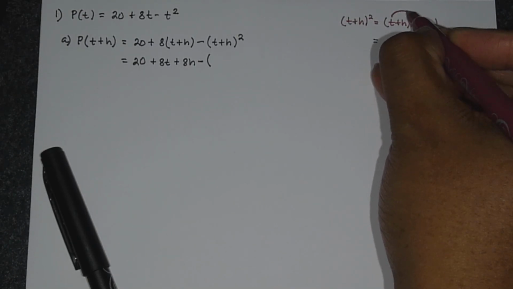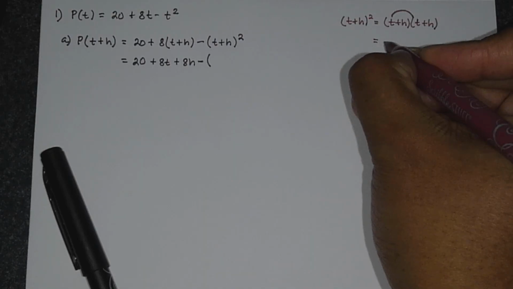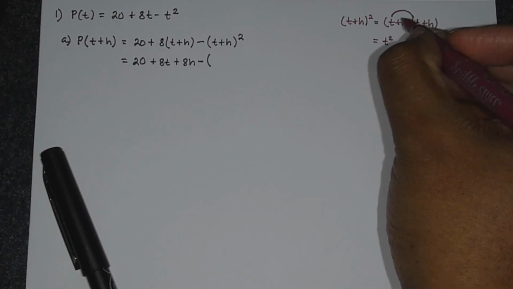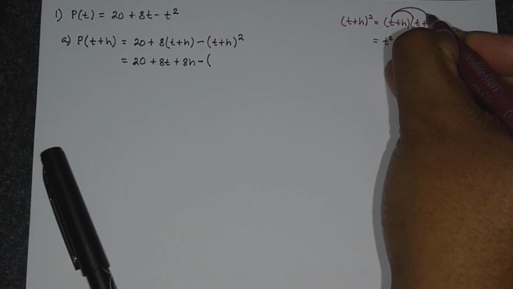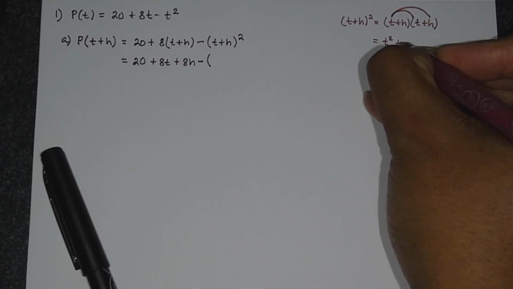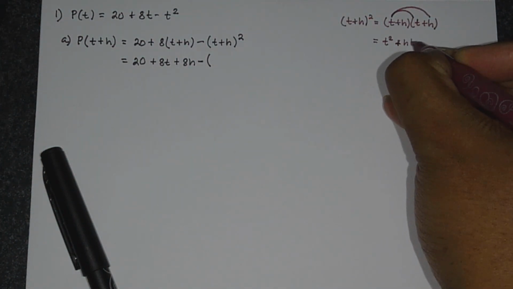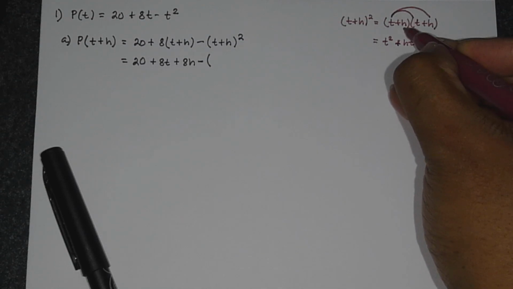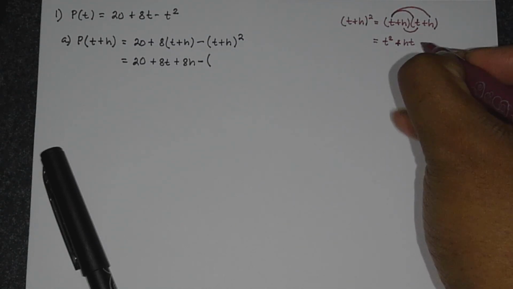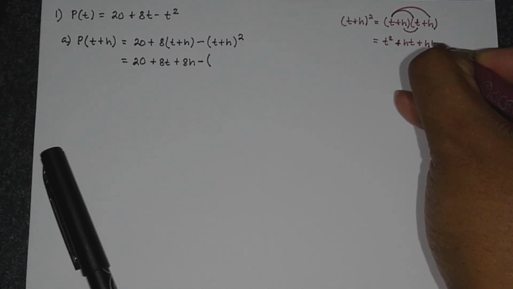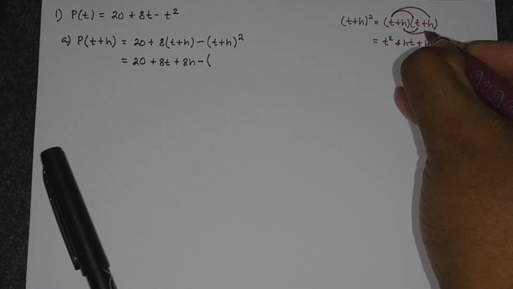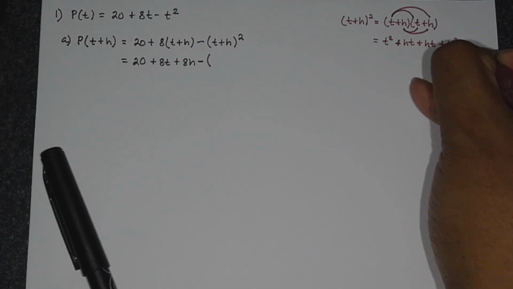So that means here, T times T, T squared. T times the H, I'm going to write this as HT, just writing the letters out in order. H times T would be another HT, plus H times H would be H squared.